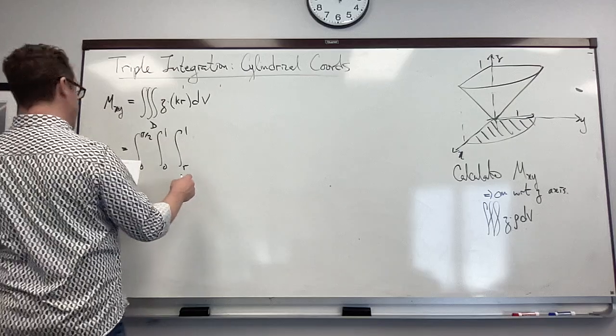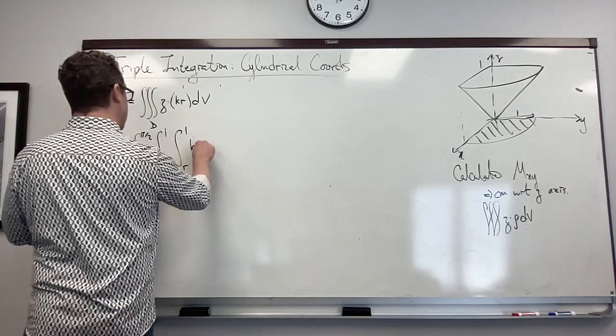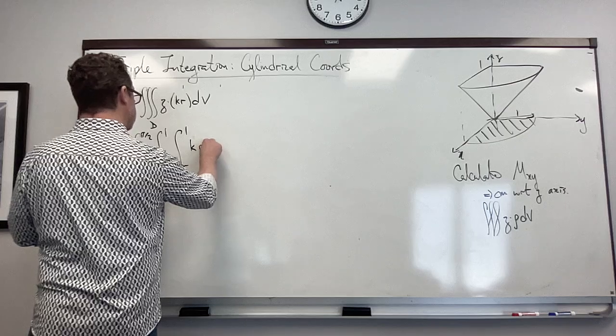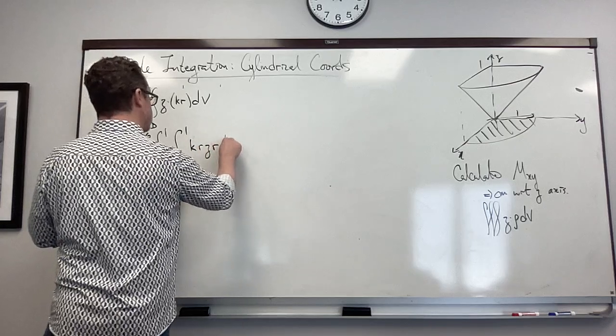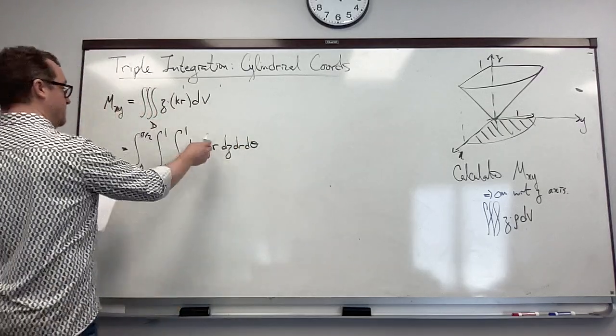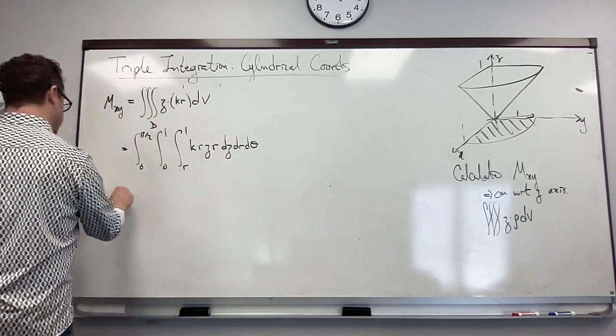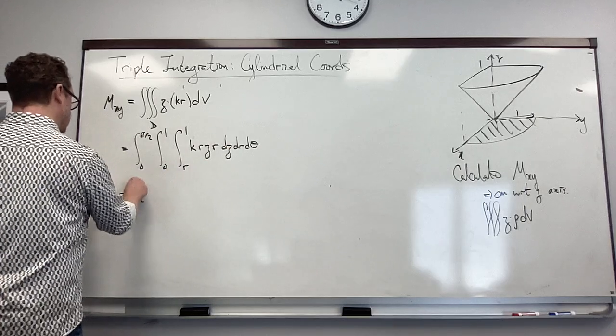Okay, what's different now is I've got k, r, z, and then dV is r, and then I've got z, dr, d theta. Now I'll put these together, so I could call that r squared, so this is just going to be k. I'll do the theta integral, so we have pi over 2.